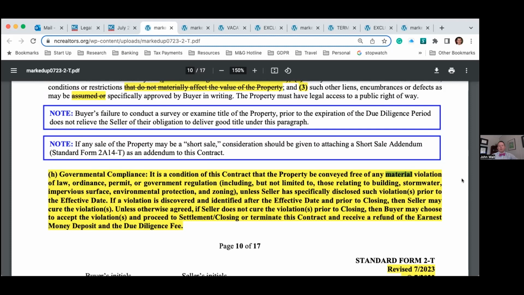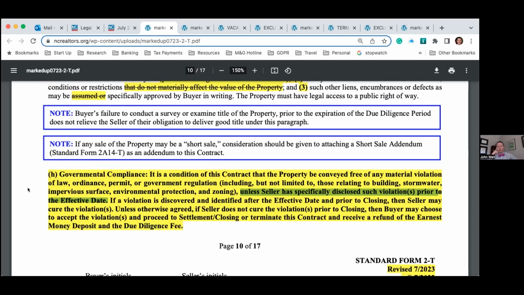All right. So even assuming it's a material violation, what's the second safeguard? Second safeguard is unless seller has specifically disclosed prior to the effective date. So what that means is, even if you've got a material violation, even if you've got this screen porch, okay, it is definitely not permitted, it's material, well, the seller can just disclose it.